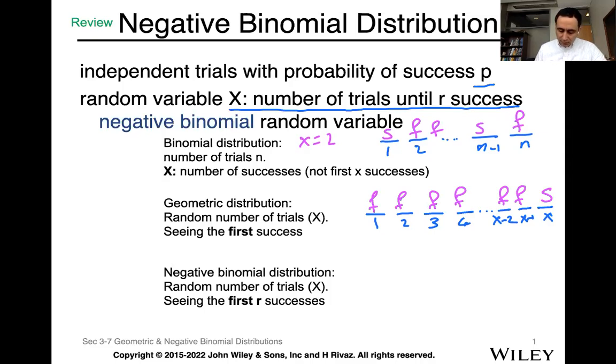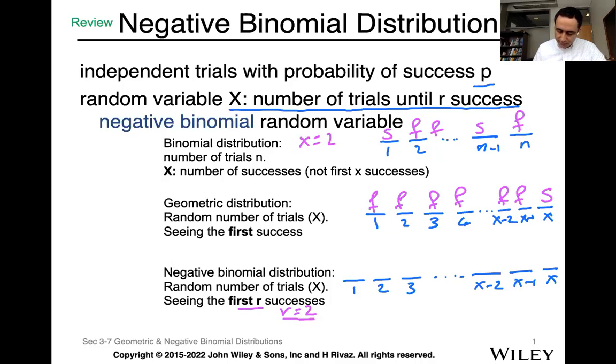And finally, we have the negative binomial distribution, which is sort of like a mixture of these two. Here, I want to have R successes. Assuming that R is equal to 2, this is my first trial, second trial, third trial, ..., X minus 2, X minus 1, and then the X-th trial. Since R is 2, I have 2 successes.